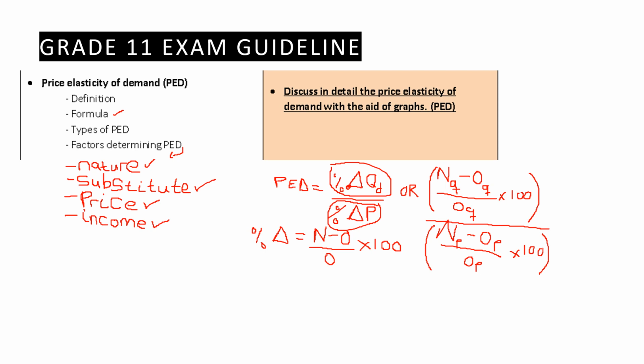So it's still the same thing. This is how we calculate our elasticity. What is the formula again? Percentage change in quantity demanded divided by percentage change in price.